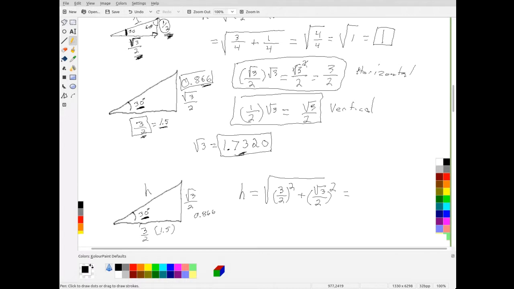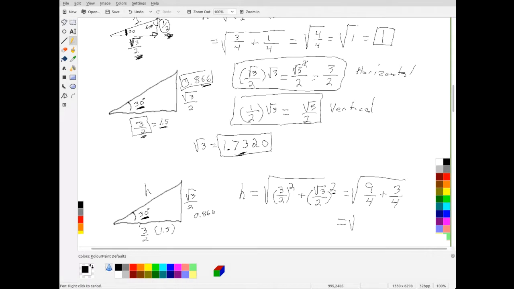which is, 3 squared gives me 9, and 2 squared gives me 4, so that's 9/4. And then you've got the square term: square root of 3 squared gives me 3, and 2 squared gives me 4.